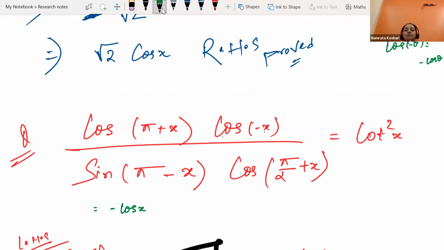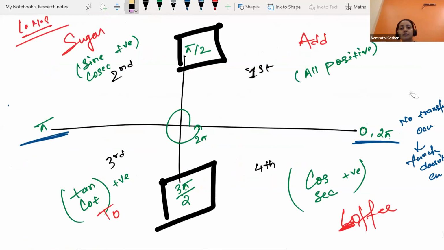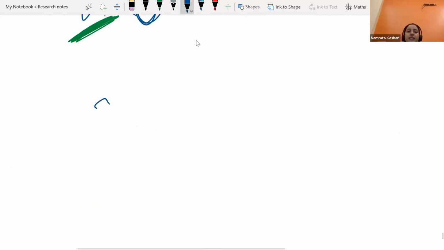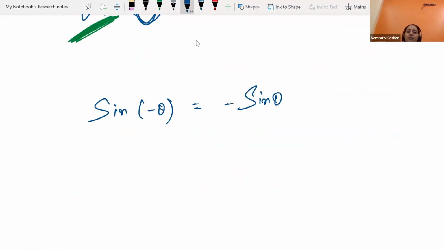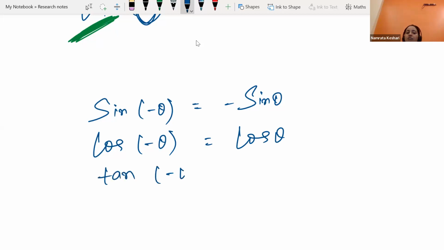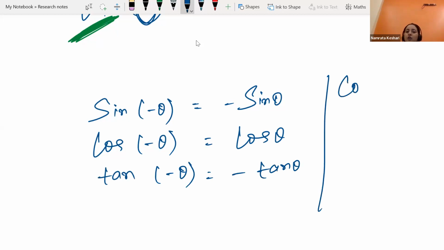Sine of minus theta, oh wait. It's not minus. Wait, let me write it first. Sine of minus theta is minus sine theta. Cos of minus theta is just cos theta. Tan of minus theta is minus tan theta. Cot of minus theta is minus cot theta.